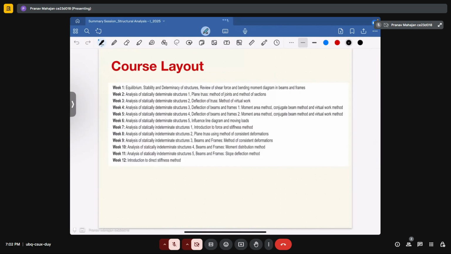Again, I am giving you an overview of what you have covered in the last 12 weeks, as I used to give every week when the class started. I generally used to bifurcate this course into two parts. One is the analysis of determinate structures, and another is the analysis of indeterminate structures. The degree of static indeterminacy is the number of unknown reactions minus the number of available equations.